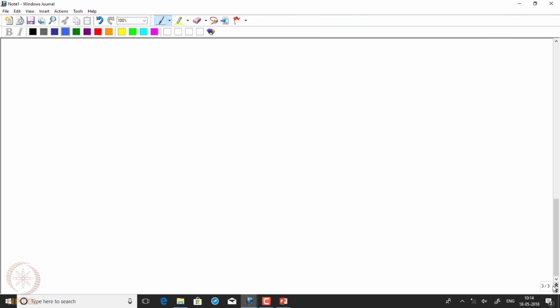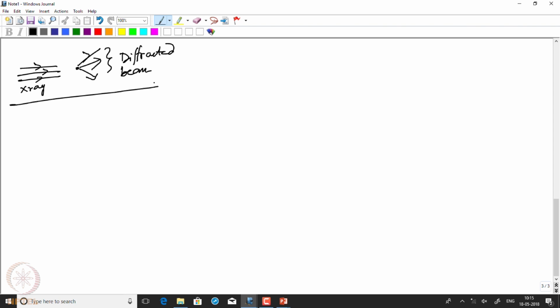Suppose we have a crystal here and an X-ray beam is impinging on the crystal and it diffracts in all possible directions. When such things happen, multiple waves are scattered in various directions.